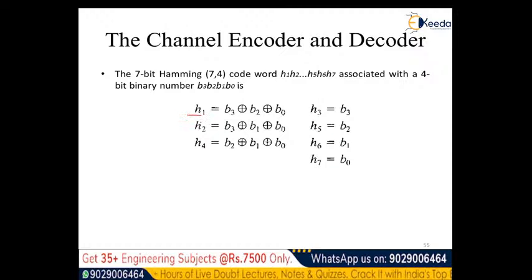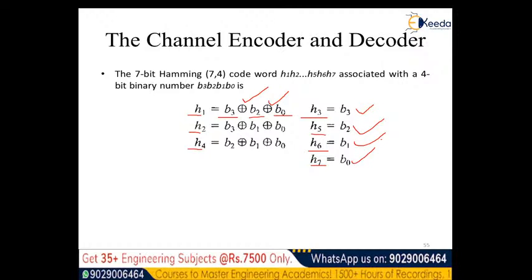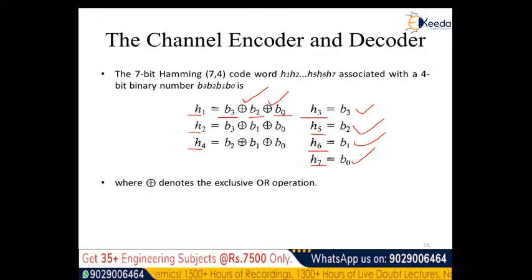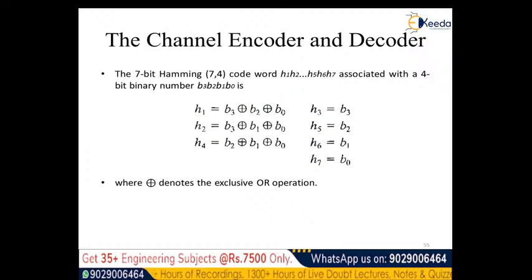The computation of H1, H2 and H4 is done with the logical exclusive OR operation between the B bits, whereas H3, H5, H6 and H7 are correspondingly the individual codes to represent B3, B2, B1 and B0. H1, H2, H4 are not wanted as data, but they have been coded as such so that the information will not be lost.